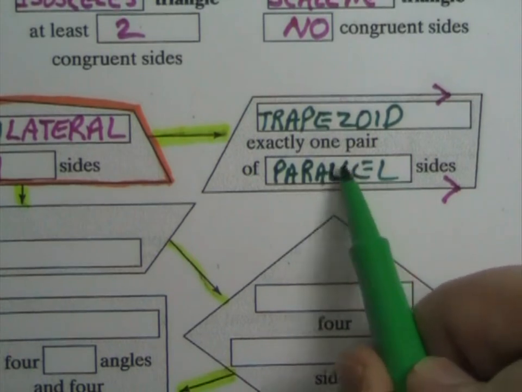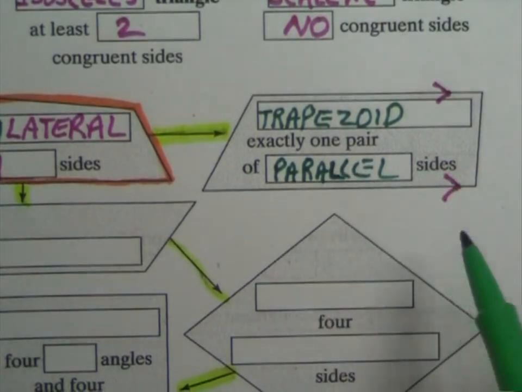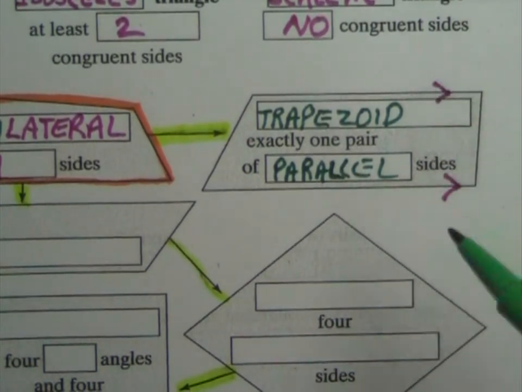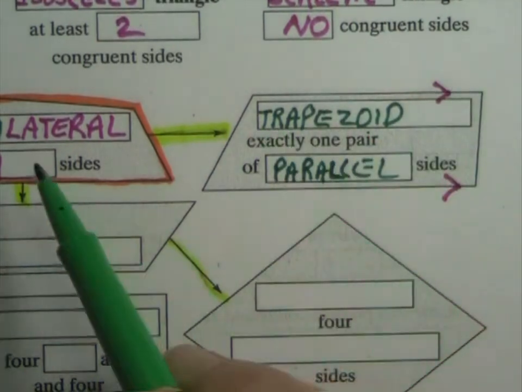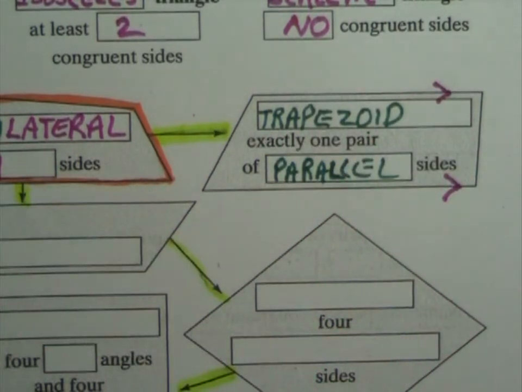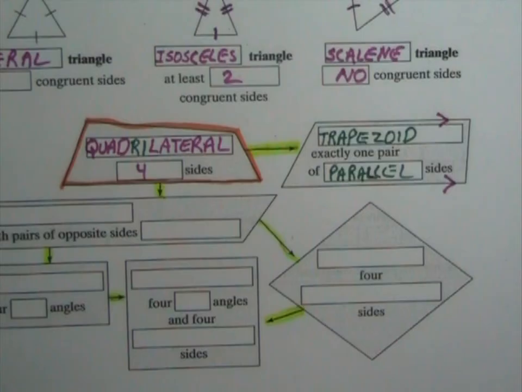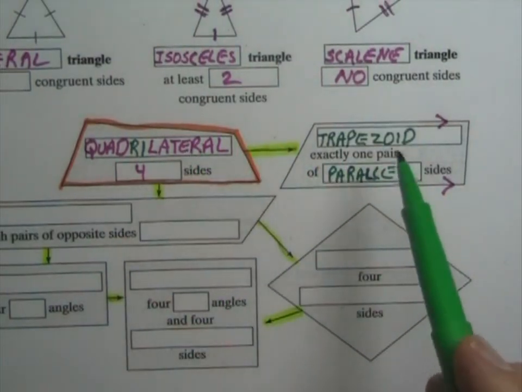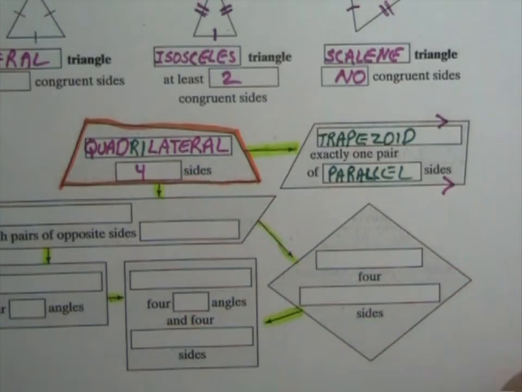Remember, that's double L in the middle. Parallel sides. Just 1 pair of parallel sides. But it is 4-sided, so it is a quadrilateral. Okay, so that's this branch to the right. Now let's go down this other branch.